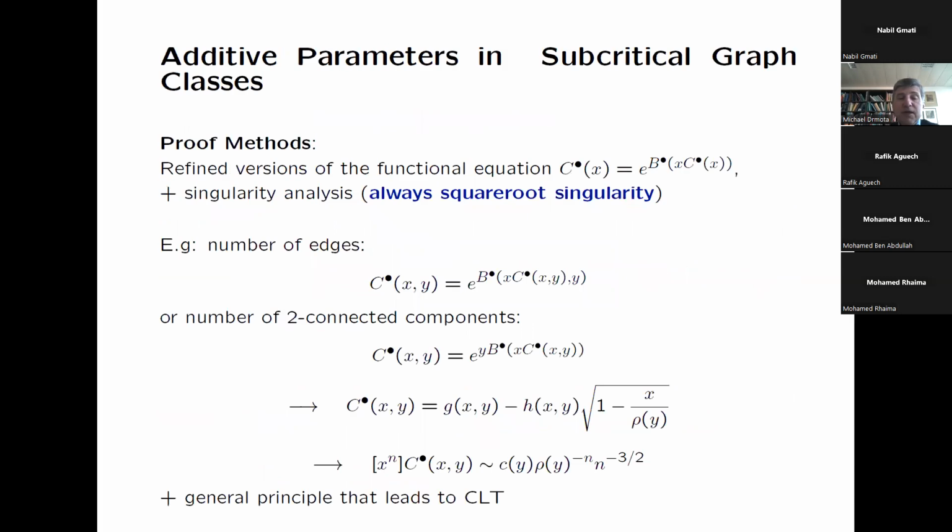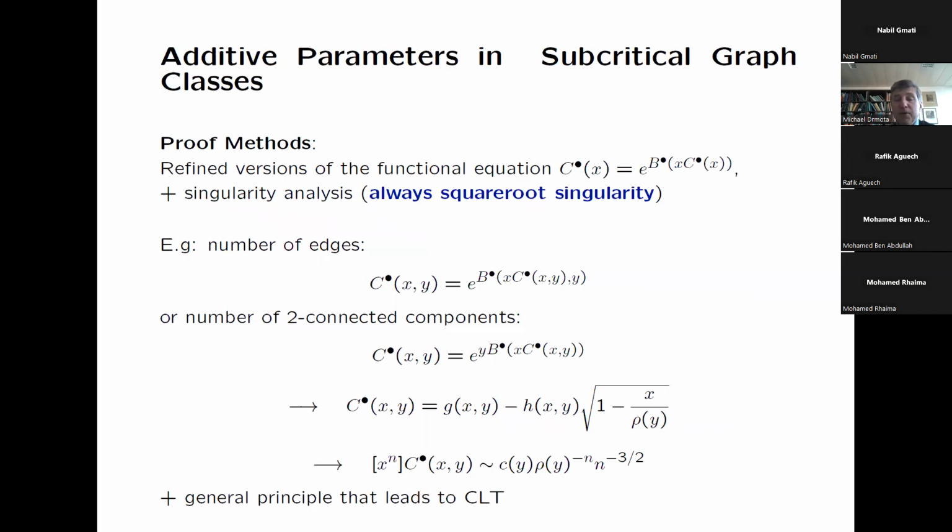Maybe I go back to that. For example, if we count edges, then we have one equation and we get directly a central limit theorem. Or if we count two connected components, then we have one equation and we get a central limit theorem automatically, because this block decomposition is just one equation, and we can put things together easily.